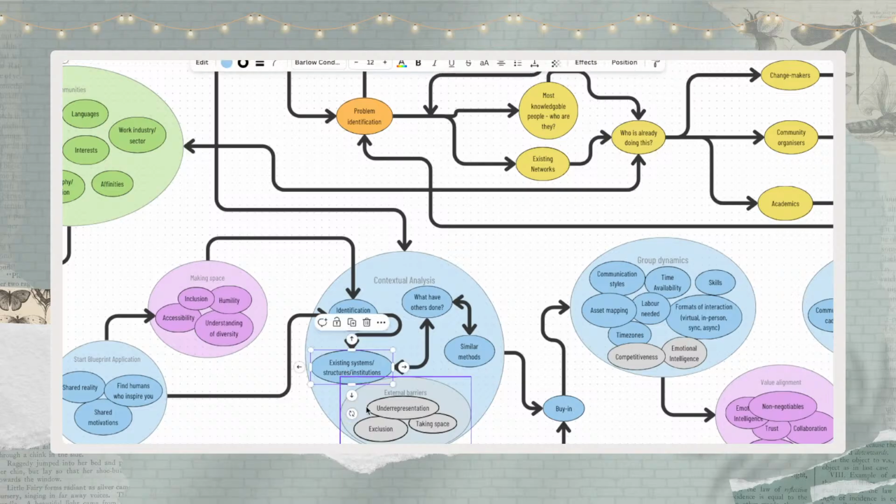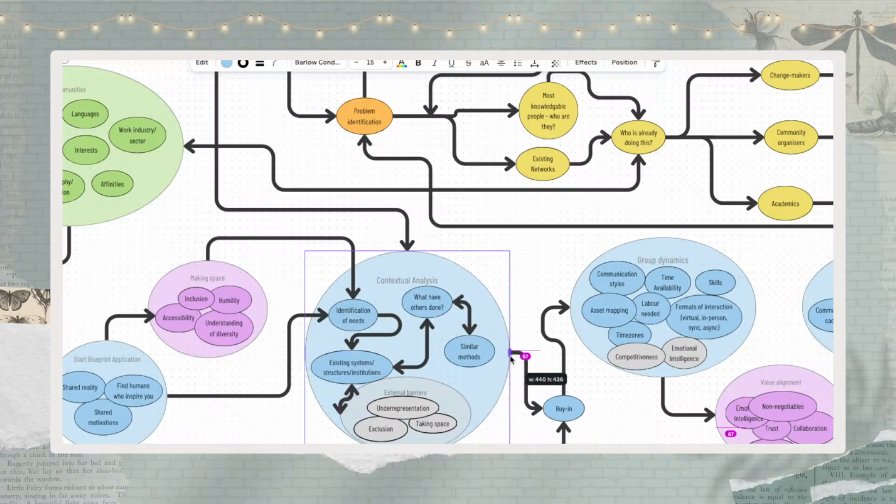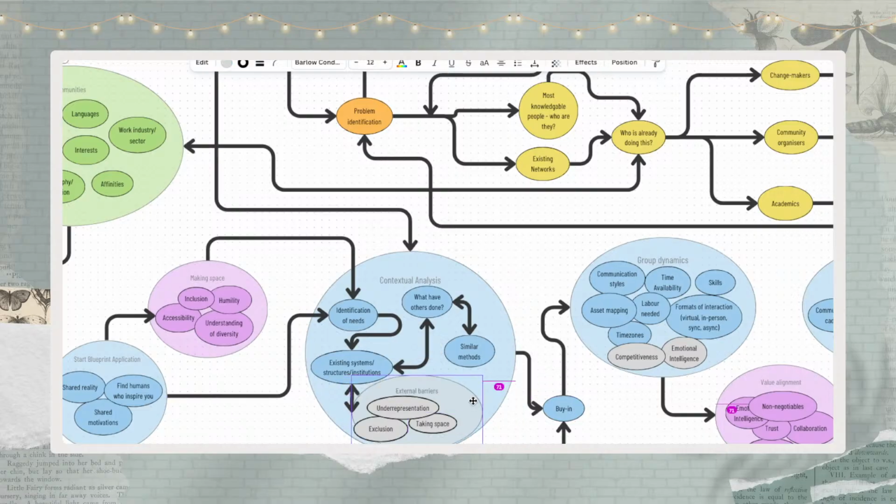There's a one line from the existing systems, because those barriers come from existing structures already. So it is a one-way arrow from there to the barriers.